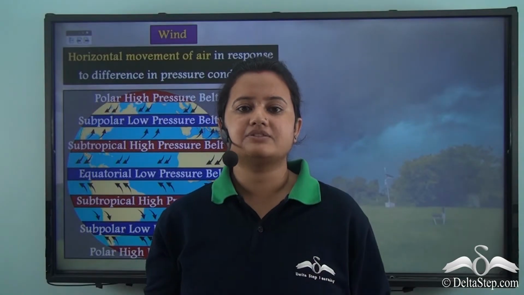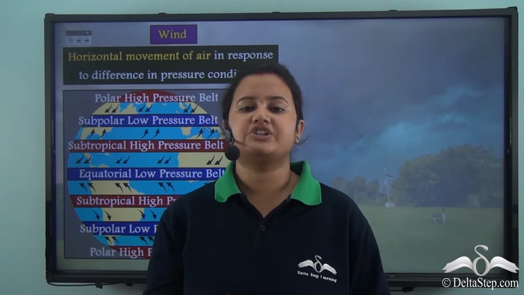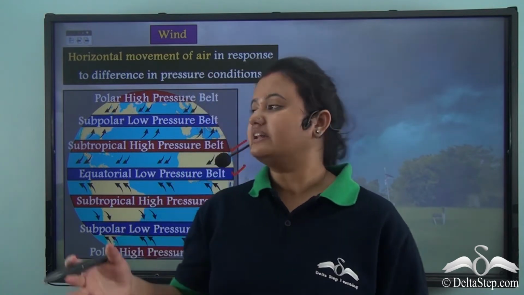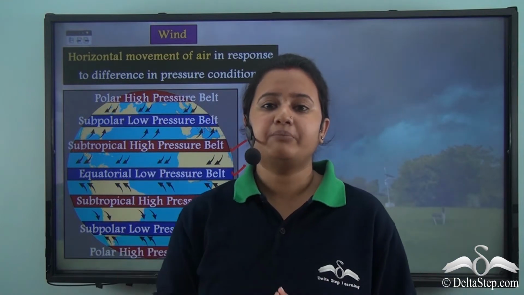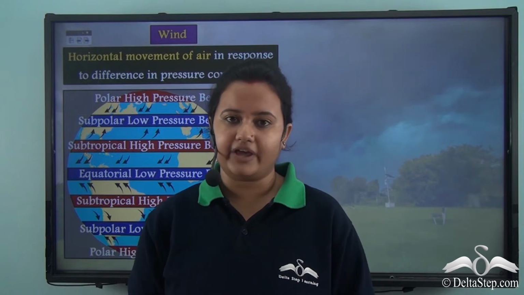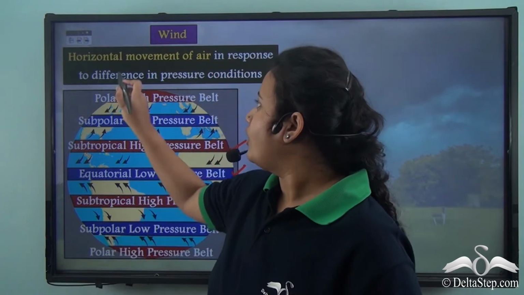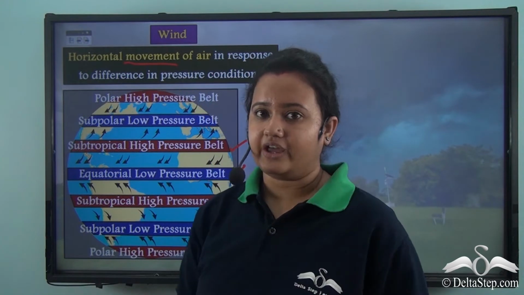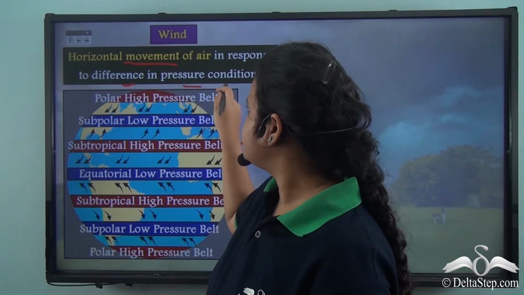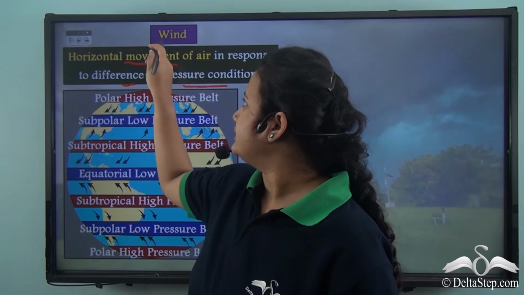Now, to balance or equate the air pressure conditions, winds blow. Rather, this difference in air pressure condition causes horizontal movement of air. So, this horizontal movement of air in response to difference in pressure conditions is called wind.